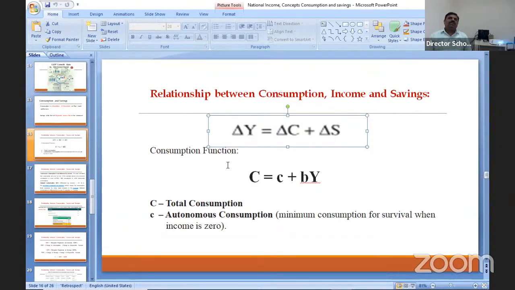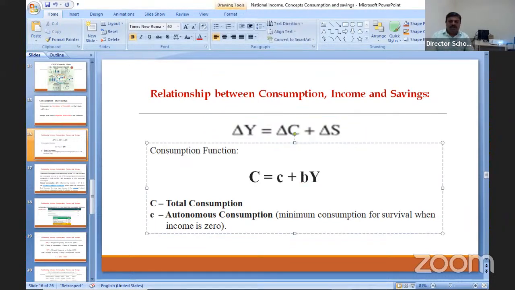The consumption function states the relationship between consumption and income. The equation may be like that: C equals F of Y. We can explain the consumption function like that also.